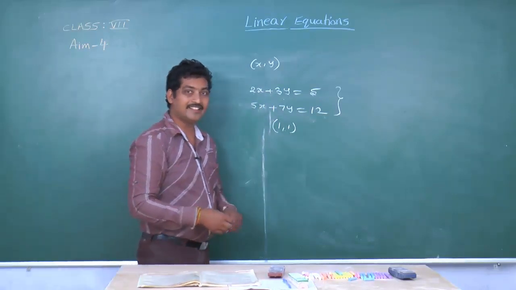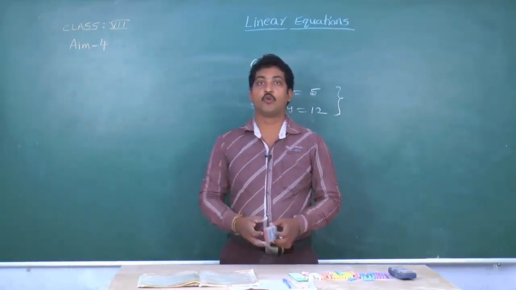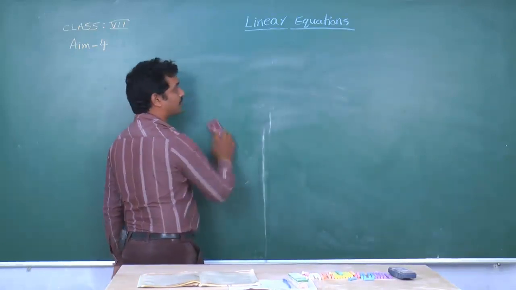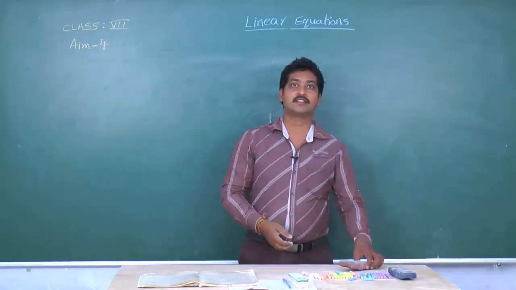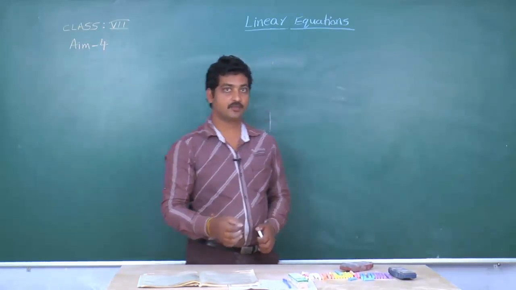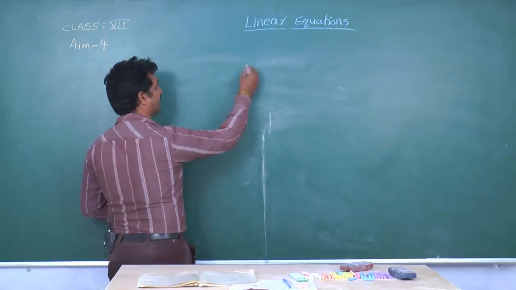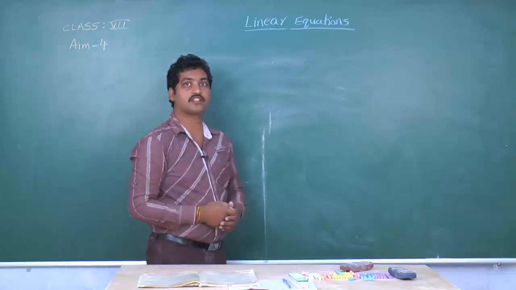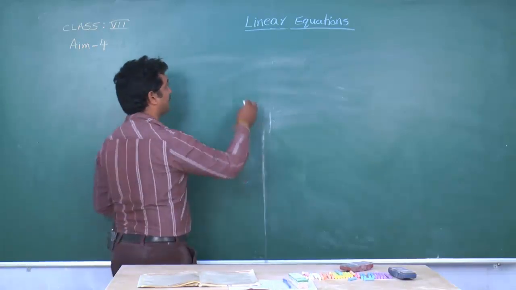So in this aim number 4, we are going to see the methods to solve a system of simultaneous linear equations. Let us observe how many methods there are to solve a system of linear equations.